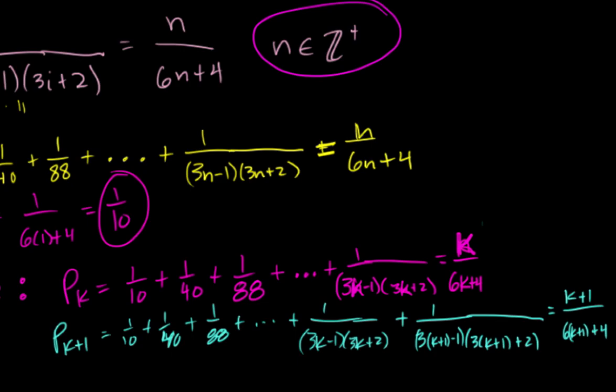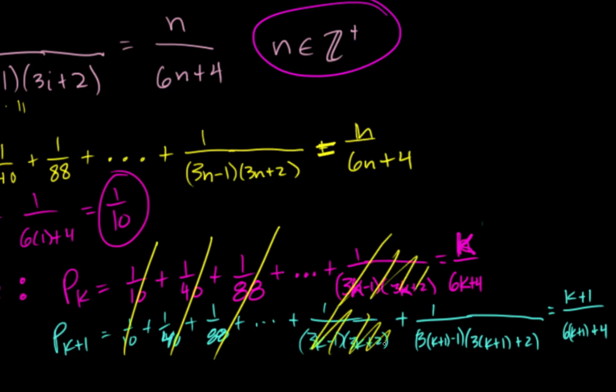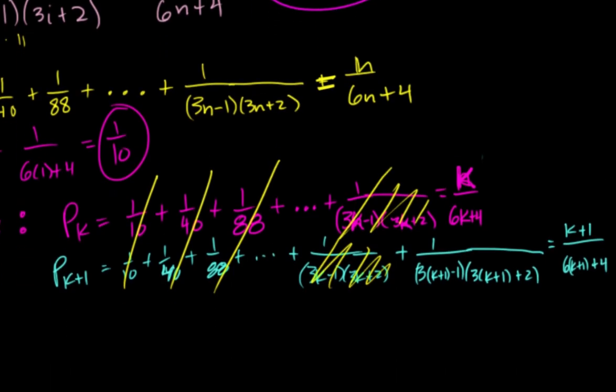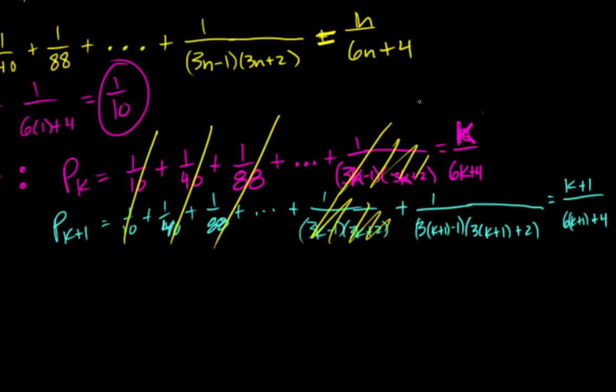Now we're going to take the blue and subtract the pink from it. I know that feels kind of backwards, but imagine the blue's on top. These will all cancel. This cancels this. And so we're just left with this one that's on top right here. Remember, the blue was up here.